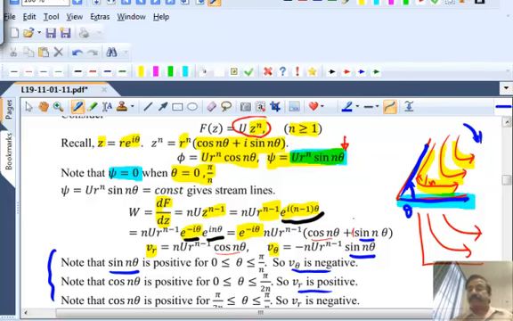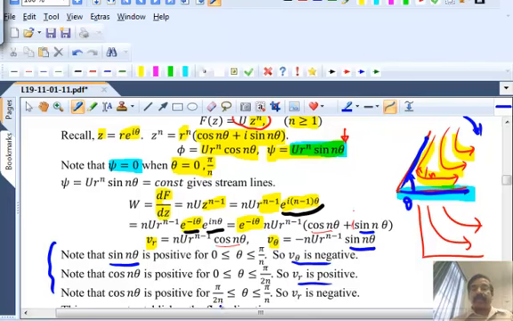Okay, and from pi over 2n to pi over n, Vr is negative. So Vr positive means it's going out. Vr negative means it is coming in. Okay, so I'm dividing this into two segments, 0 to pi over 2n and pi over 2n to pi over n. Right? And in one segment I'm showing Vr is negative, in the other segment I'm showing Vr is positive. That tells us that the streamlines must have this kind of a flow behavior, coming in one and going out. And V theta is always negative in that quadrant.